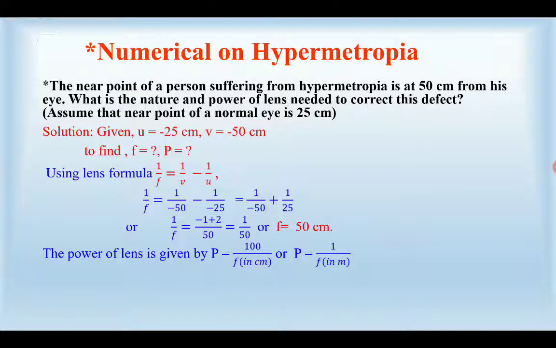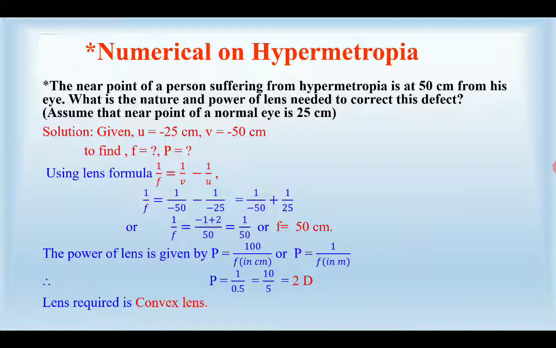Substituting f is equal to 50 centimeter, that is 0.5 meter, we are getting the power of the lens as 2 diopter, and as the power is positive, the lens required is a convex lens.